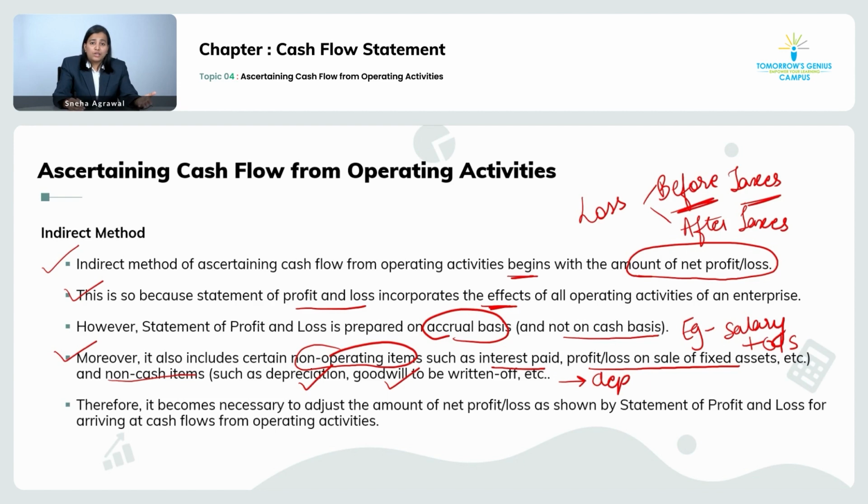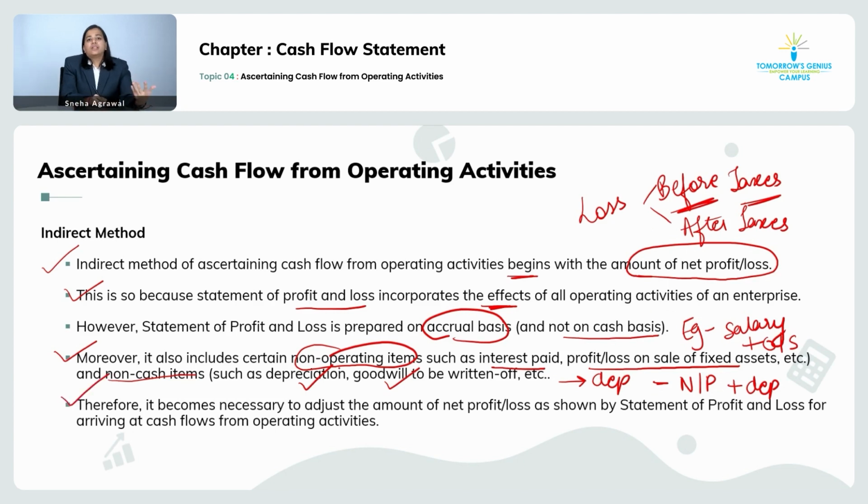So since it is not related to cash and we are preparing the cash flow statement, we have debited the depreciation to the profit and loss account. Debited means we have deducted that from the net profit element. So since it's not your cash item, we have to go and add back the depreciation charged in the profit and loss account. Okay, last.